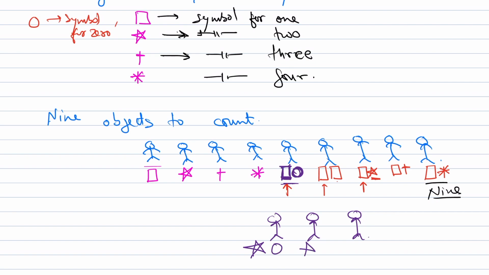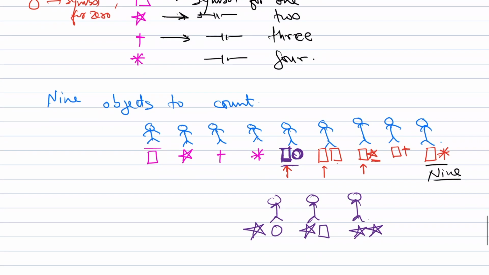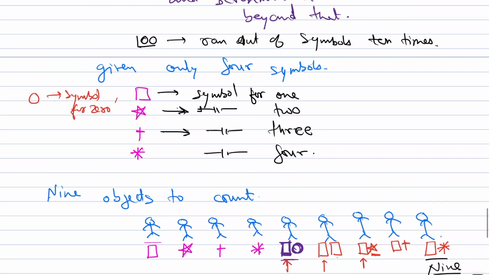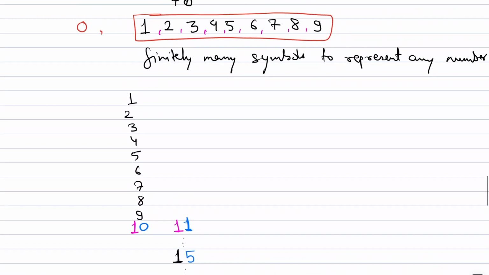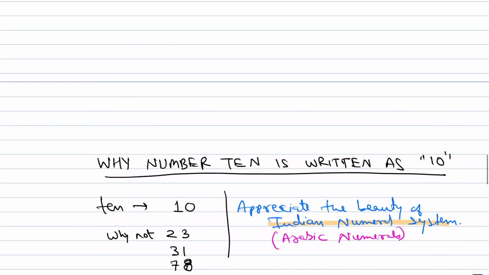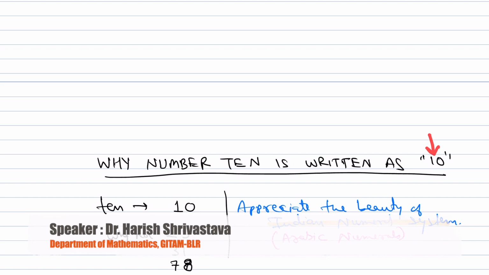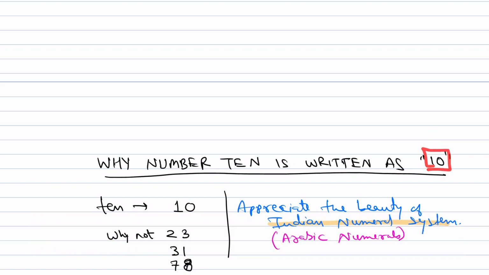The next would be star and a box, star and a star. So this is the reason why the number 10 is written as 1 and a 0. It is actually telling us that while counting in base 10, the person counting ran out of symbols once. That's why it is 1 0.